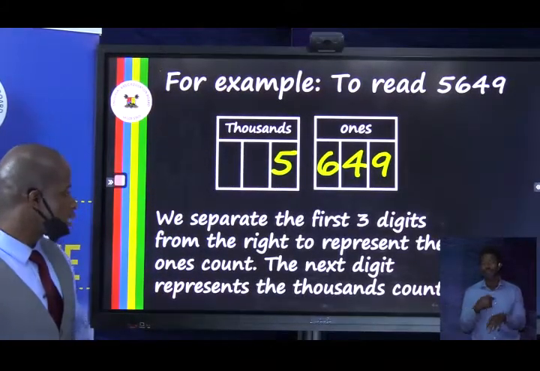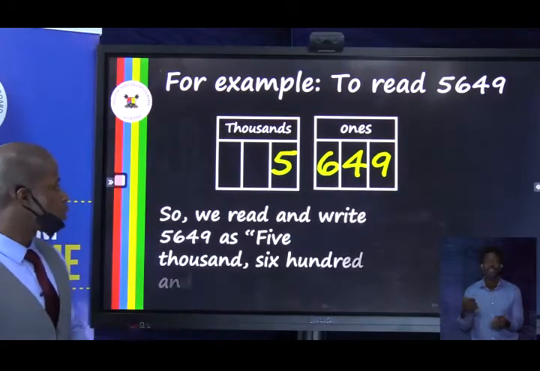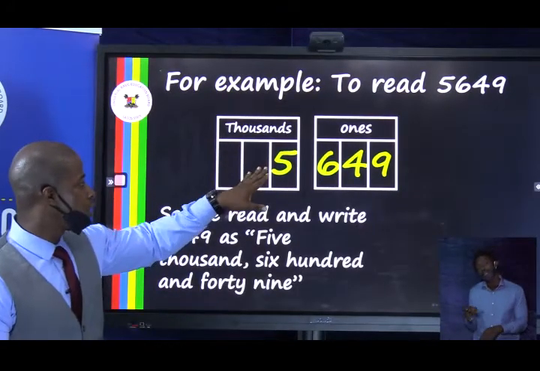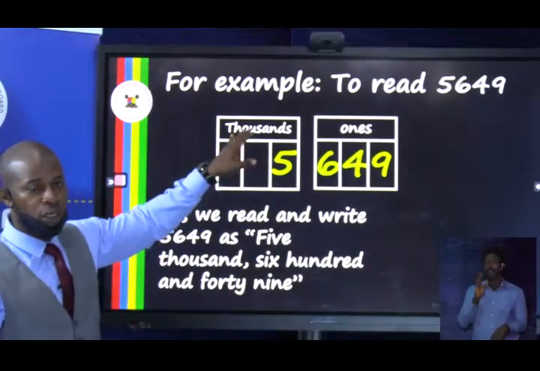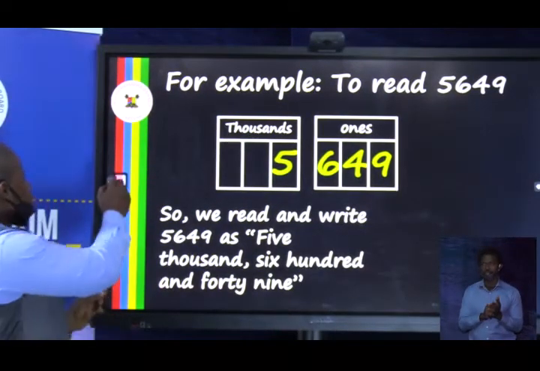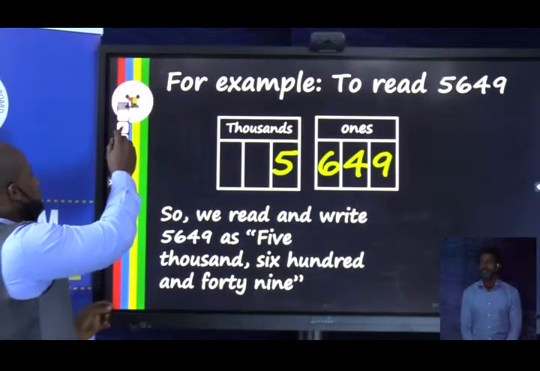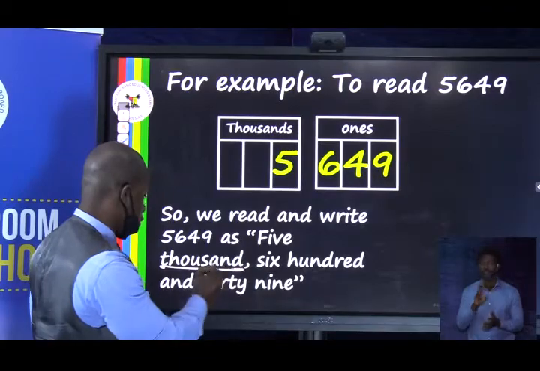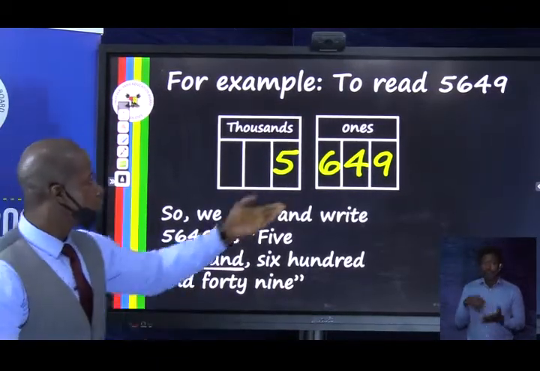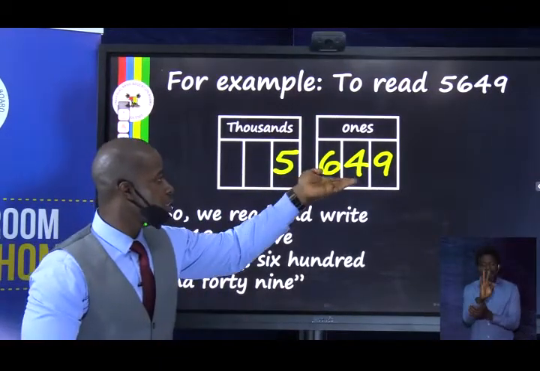Okay, so how do we call this number? Very easy to call. We just read it from the left. Under the house of thousands, we have 5. So we say this is 5,000. You don't say 5,000s. Note, you do not say 5,000s. You do not put an S, you just say 5,000. Then you read 5,000 and you read 649.